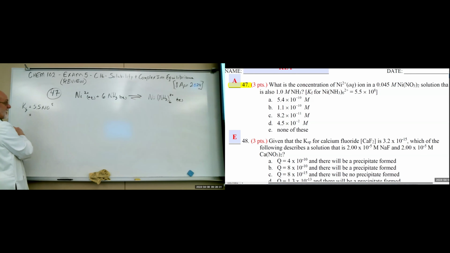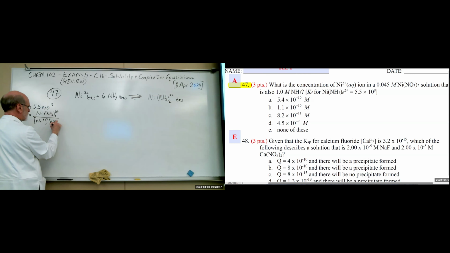Okay, and that would be equal to the complex ion divided by the nickel concentration times ammonia to the 6th power. Okay.